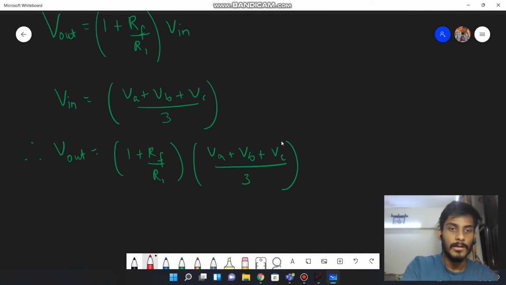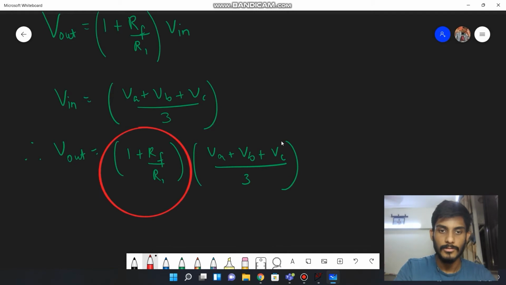And we are substituting this. So in order to get the desired equation, which is Va plus Vb plus Vc, we need this factor to cancel out with 3. Therefore, we need 1 plus Rf by R1 to be equal to 3. We have the value of Rf as 10.